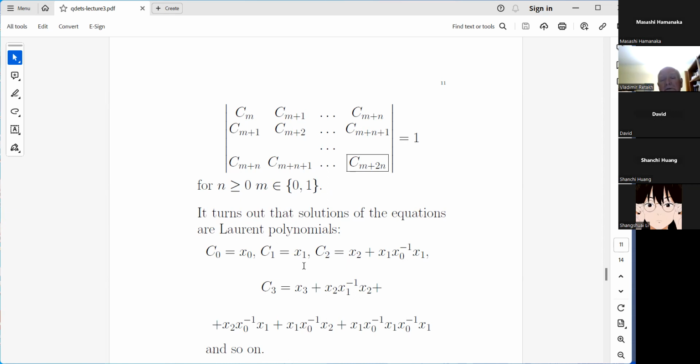The content is 1 minus 0, which is 1, so I have x1. Now, if I have a 2 by 2 square, then how can I go from the low left corner to the upper right corner?